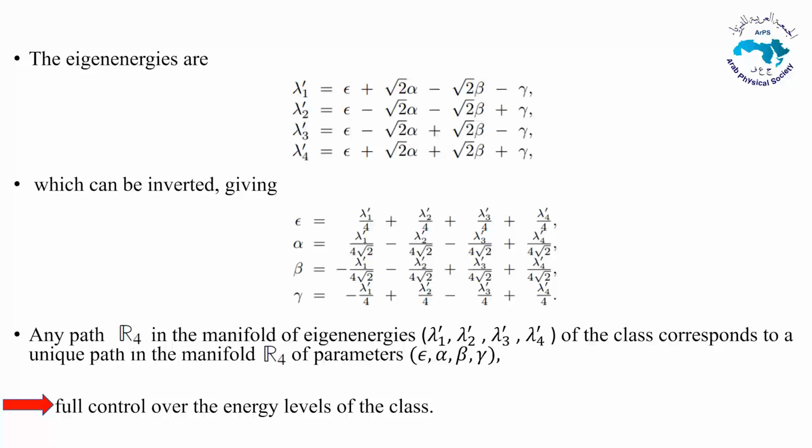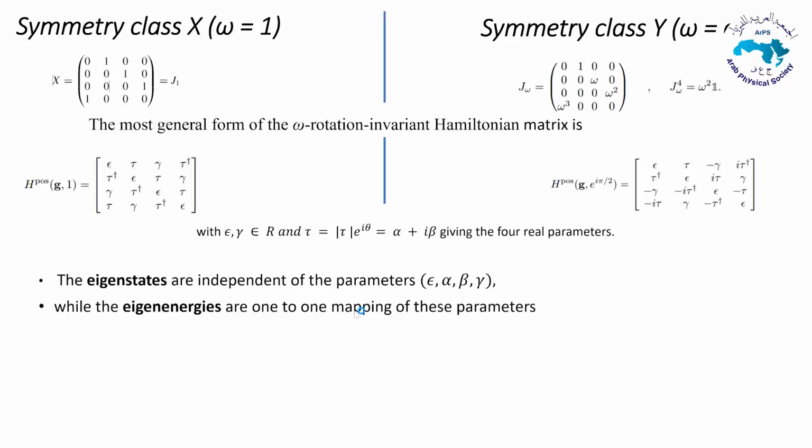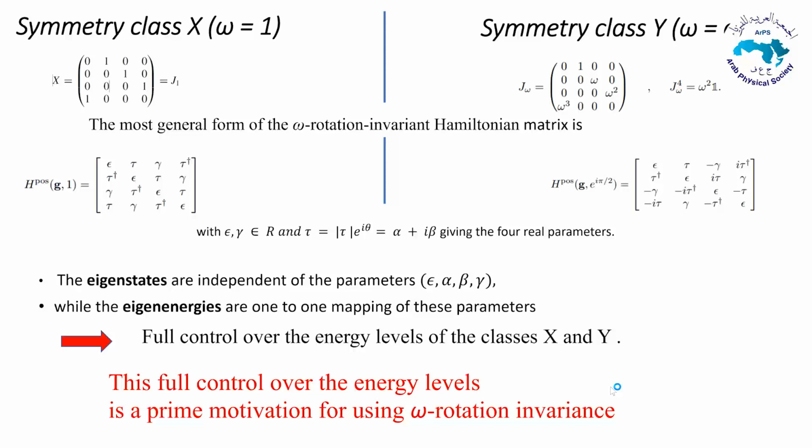We have, again, full control over the energy levels of the class. In the X and Y classes, if we summarize, we have 4 parameters, the eigenstates are independent of these parameters, and the eigenenergy depends one-to-one on these parameters. So we have full control over the energy levels for classes X and Y.